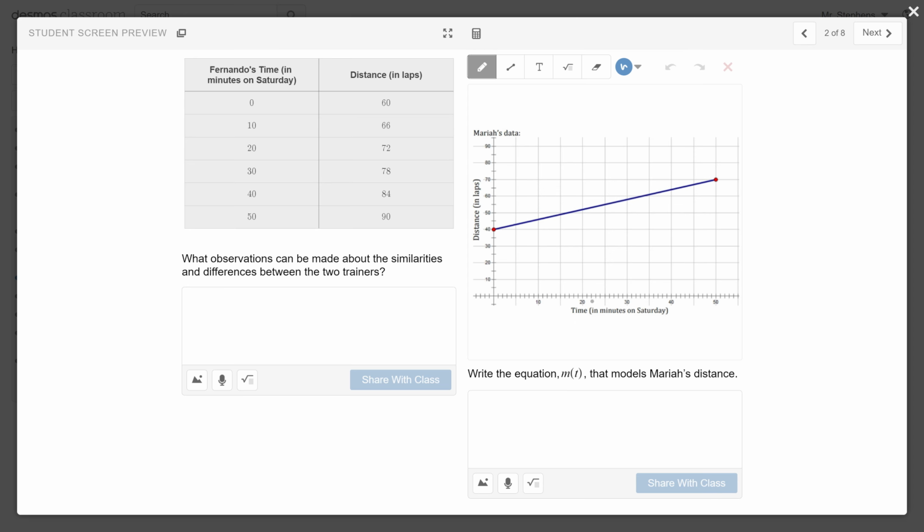This is Saturday, so they've already run during the week. So Fernando already ran 60 laps during the week. And then on Saturday, they ran together for 50 minutes.